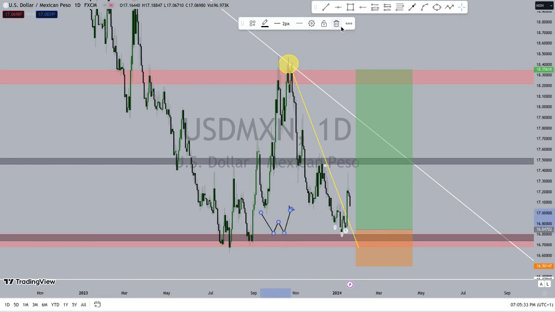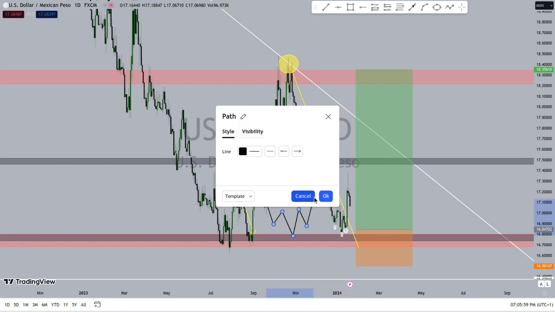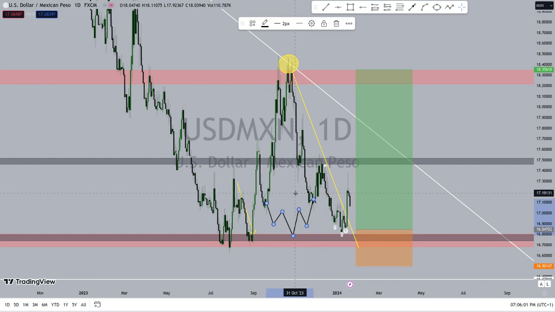We all know what a head and shoulder pattern is. Yeah, this is a head and shoulder pattern.